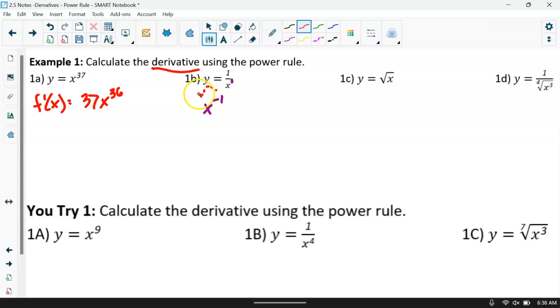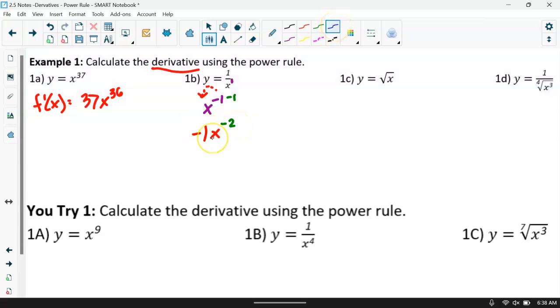Bring down the exponent as a coefficient. So this is negative 1 times x. But then remember, we do still need to subtract 1. So now the exponent is negative 1 minus 1, which is negative 2. Now let's rewrite this.